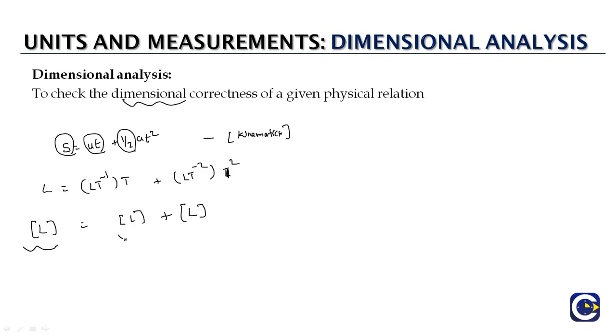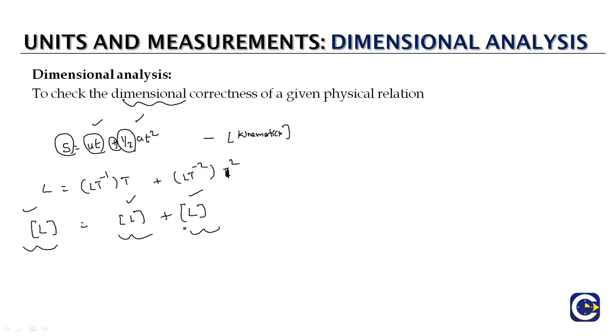So the LHS dimension is equal to the RHS dimension. Also, here we are adding two terms. The dimensional check is that when adding or subtracting two terms, both terms must have the same dimensions. Here the term ut has dimensions of length, and half at square also has dimensions of length. So we are able to conclude that this equation is dimensionally correct.